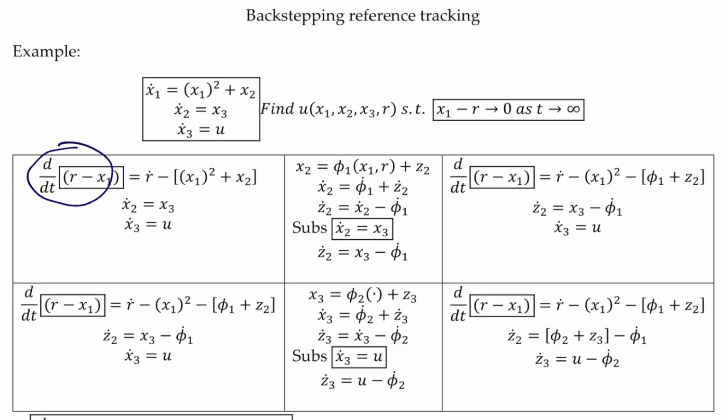If you look at this, we can explicitly write this expression as r dot minus x1 dot. And what is x1 dot? x1 dot is this. So explicitly we can write this down. Of course, at this stage we don't know what r dot is, but at the end of the determination of u, the control law, we will construct some type of reference signal, right?